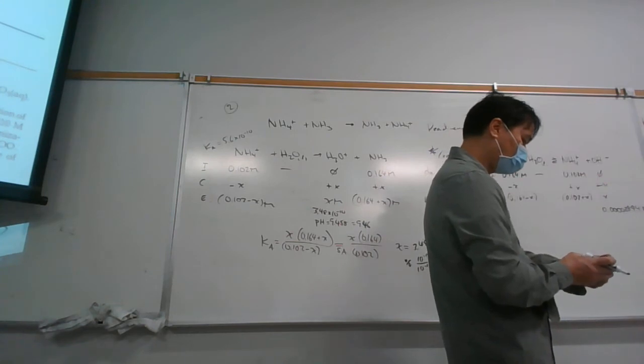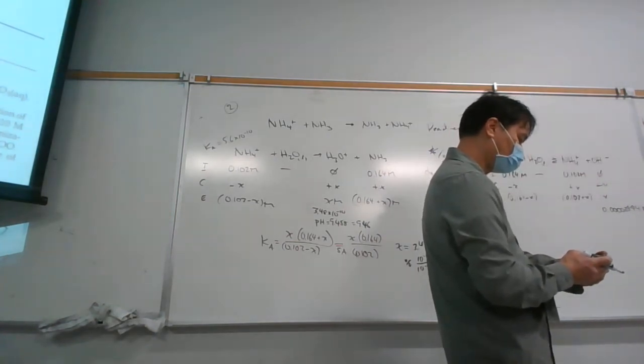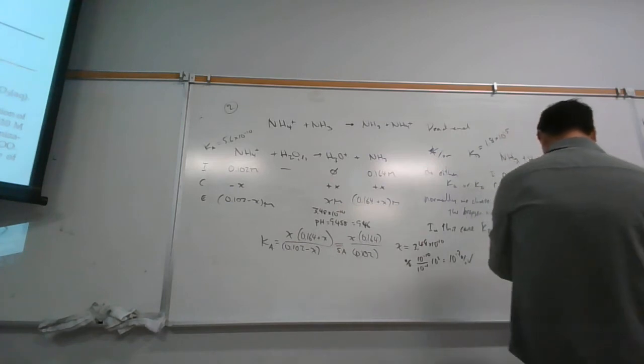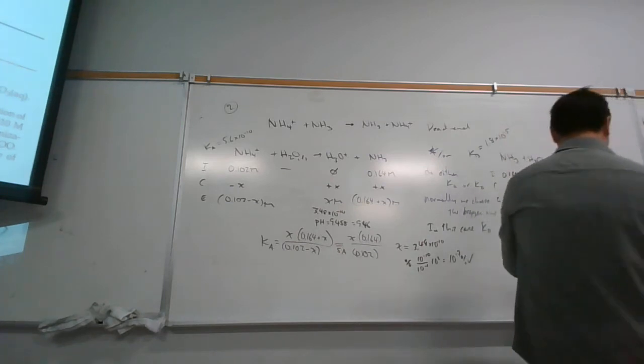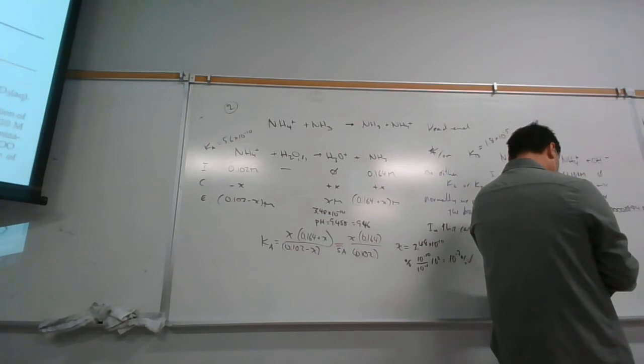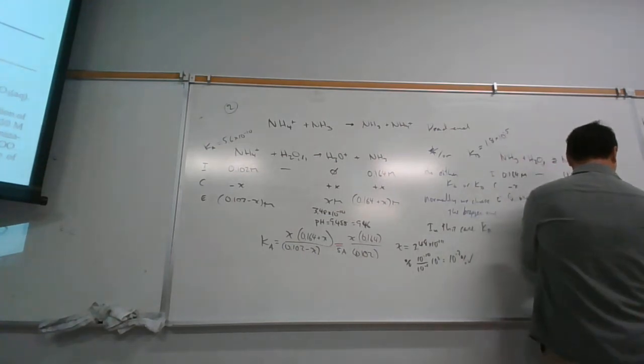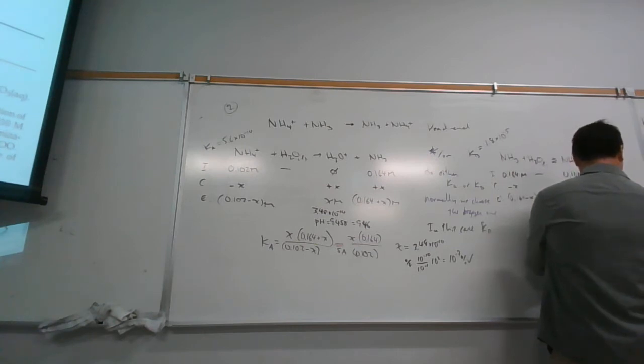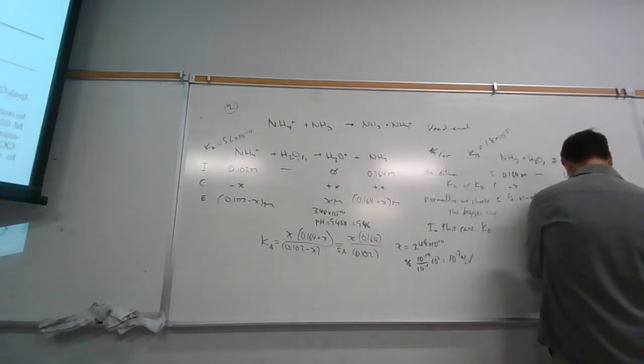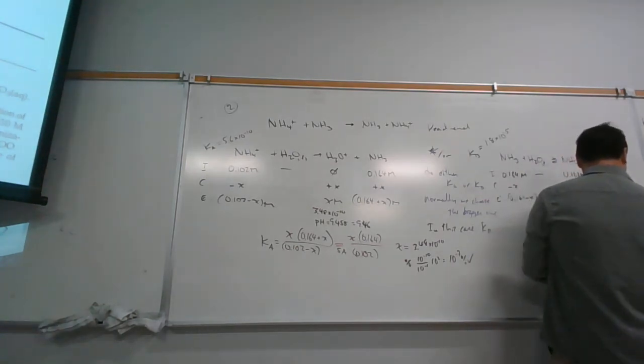And then subtract that from 14. So I get a pOH of 1.538, which gives me a pH of 12.461.